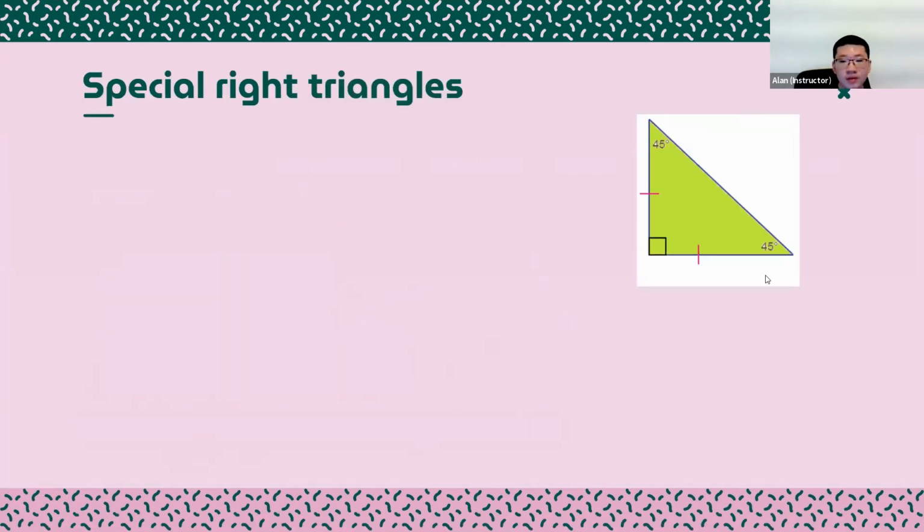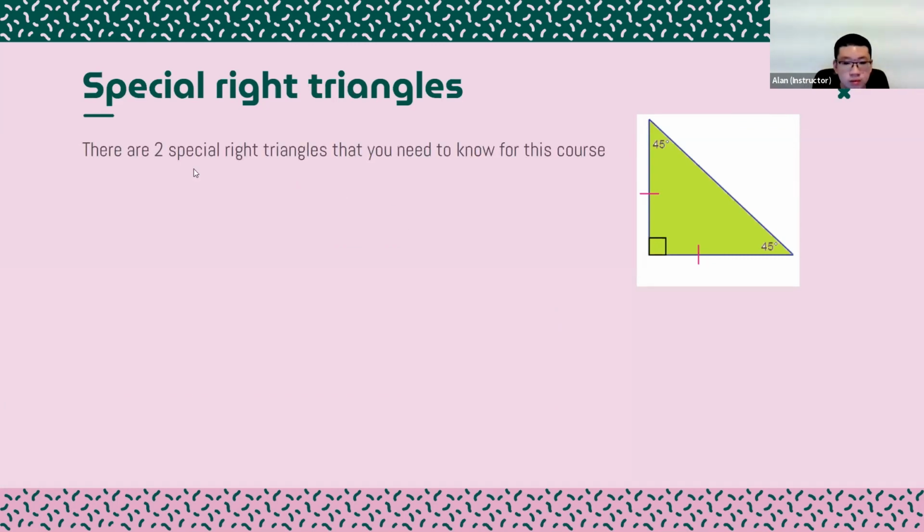And now we're going to move on to some more special right triangles. So there's two special right triangles that you're going to need to know for this course. The first is the isosceles right triangle, and it gets that name because two of the sides are equal, and that's what an isosceles triangle is.